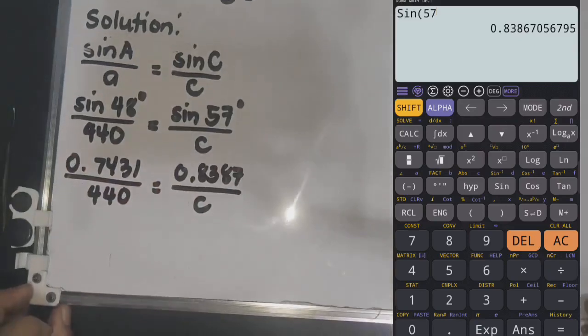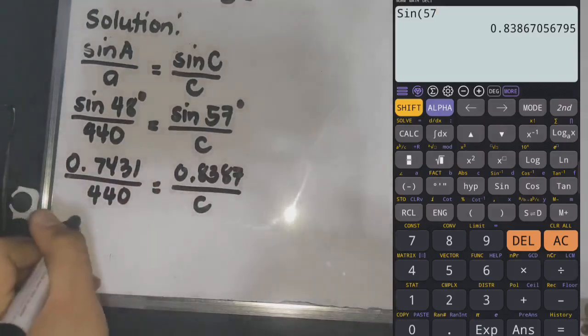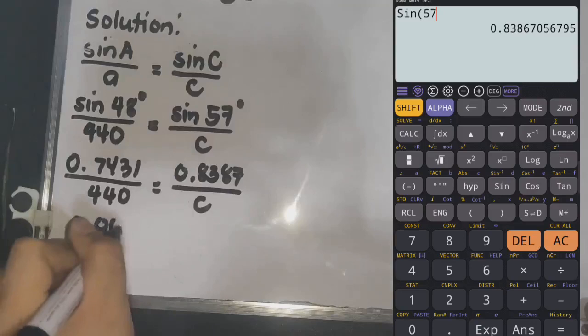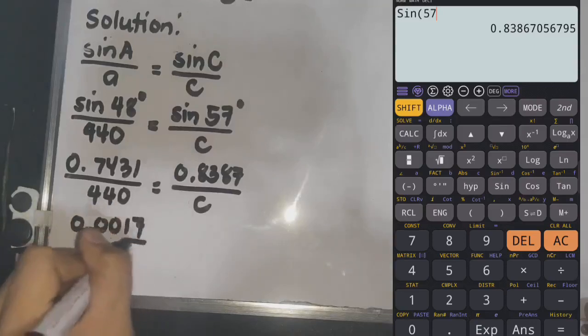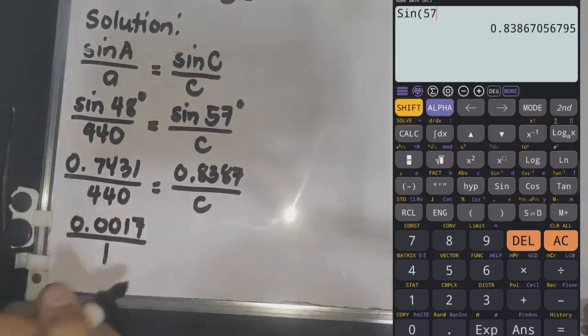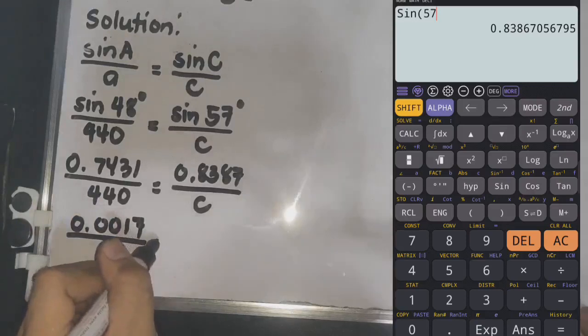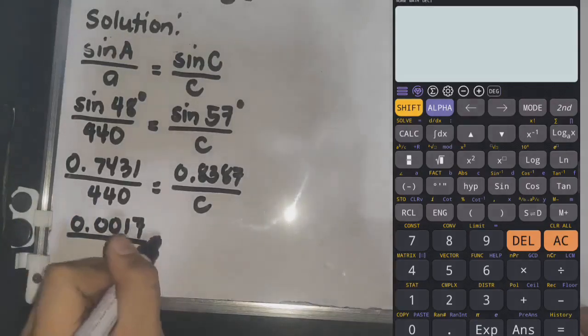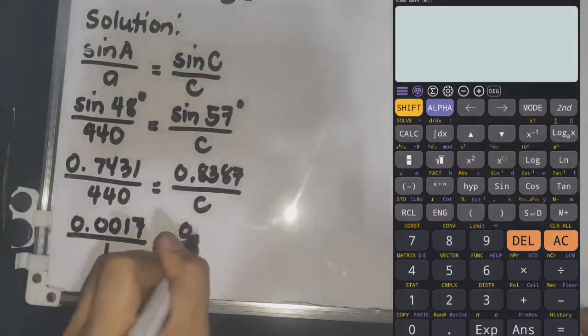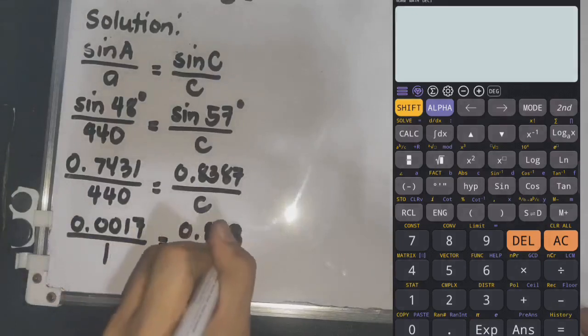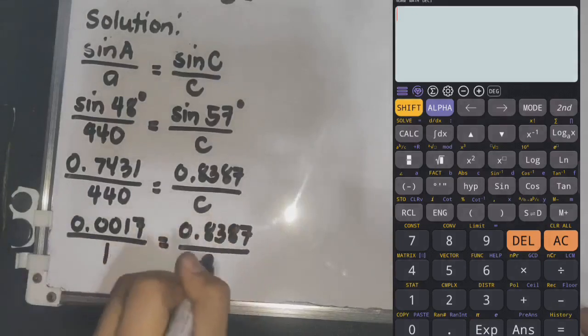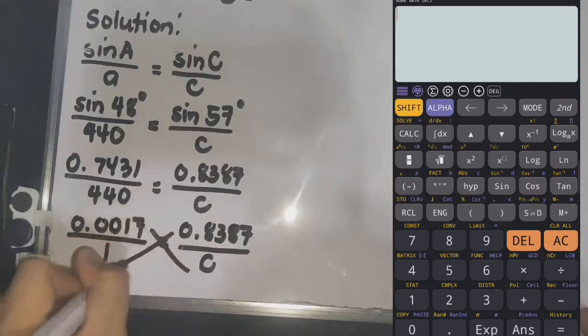Divide muna natin. Yung ginawa natin kanina, the answer is 0.0017. Nilagyan natin ng denominator na 1 para hindi tayo malito once na nag-cross multiply na tayo. So 0.8387 over C. Then cross multiply.